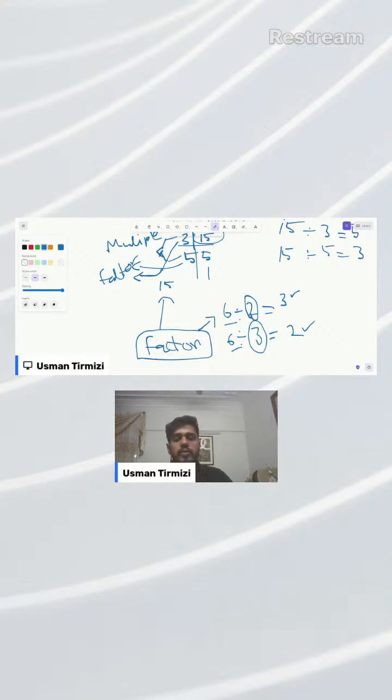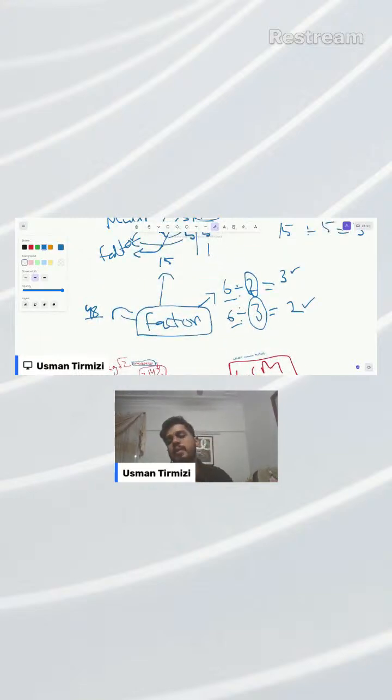All right, so if I ask you to find me the factors of 48, you need to mention all the numbers which 48 can be divided by. So what are the numbers which 48 can be divided by?